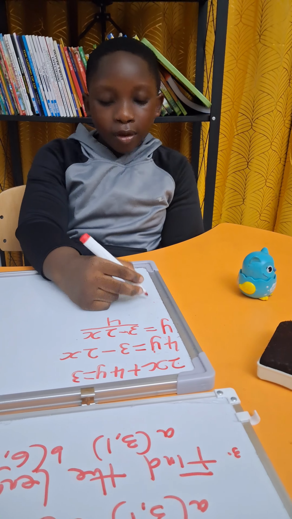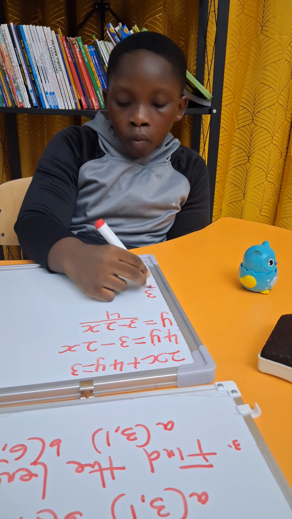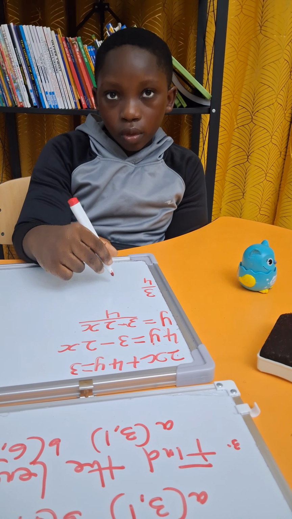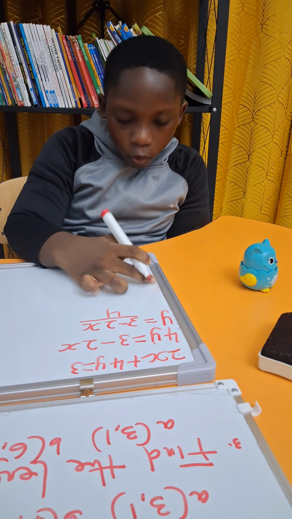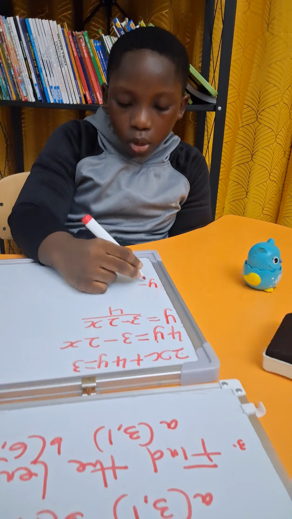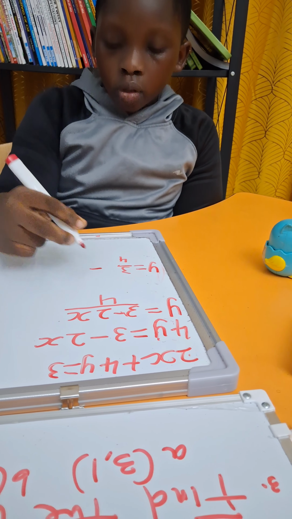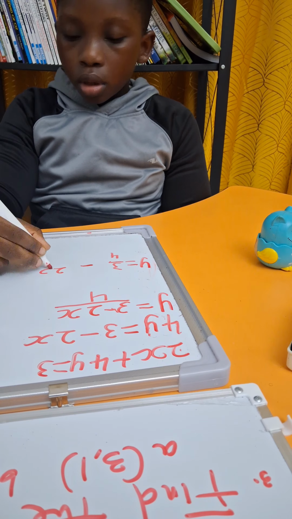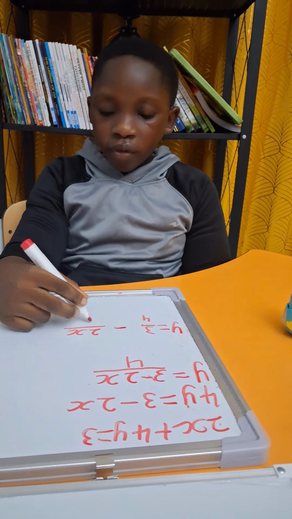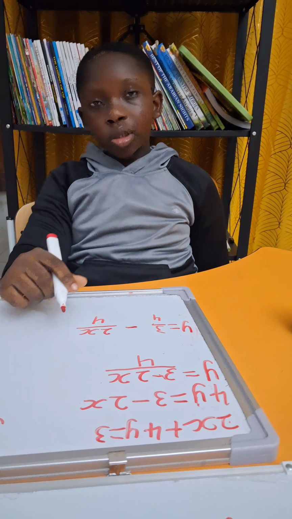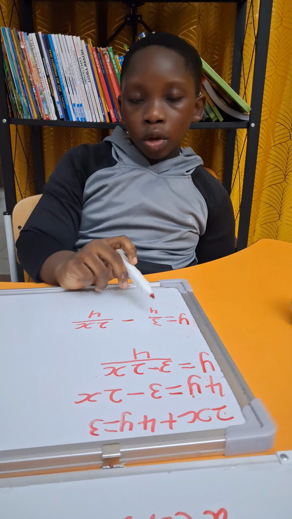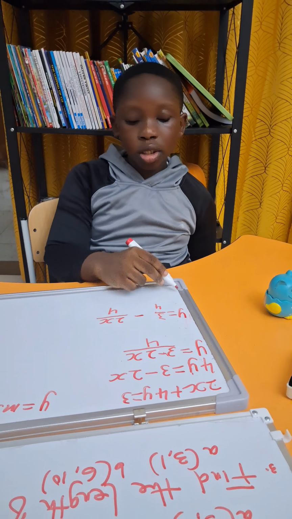So we have y equals 3 over 4 minus 2x over 4. Now, there's no way to break down this 3 over 4, so it stays the same.